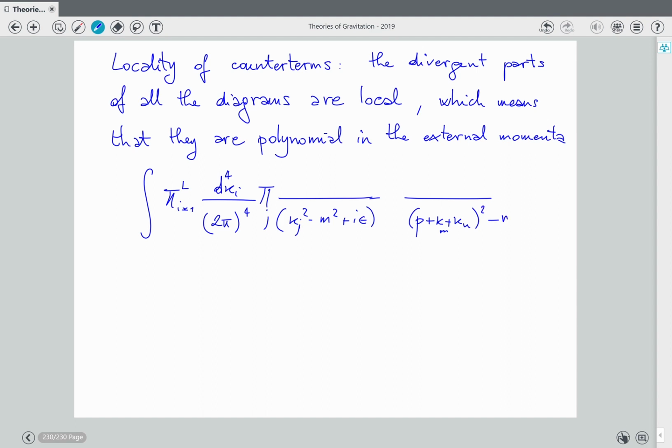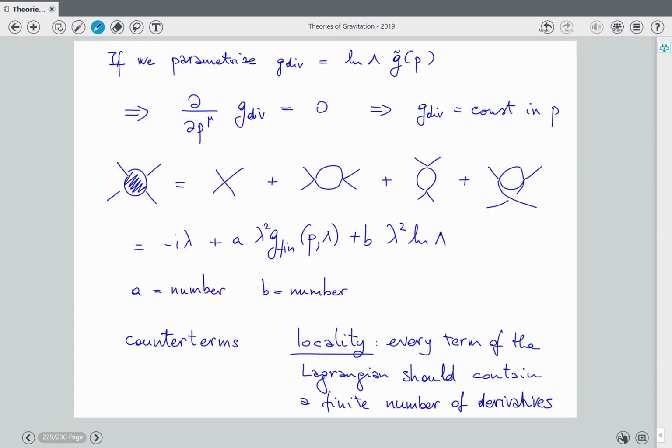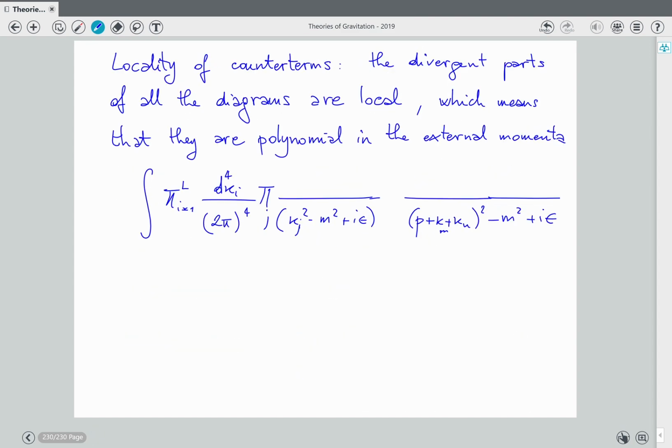Since we have assumed that the Lagrangian is made of local terms, every vertex will be a polynomial, every propagator will be 1 divided by p squared. So you will have a polynomial in the numerator, depending on the external momenta and the internal momenta.